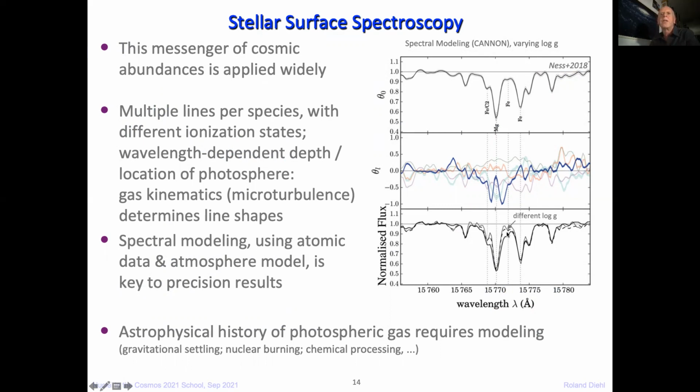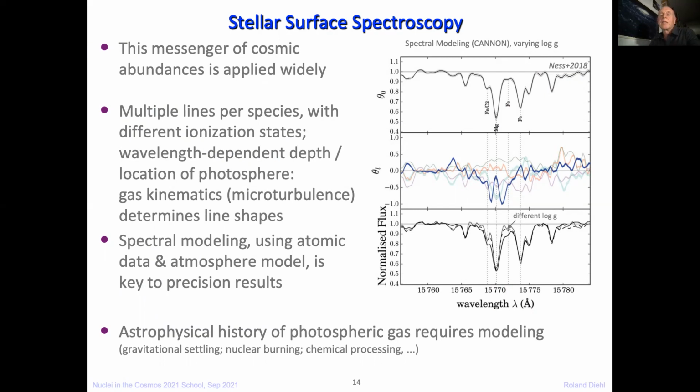And on the lower level plot here, you see how only changes in the surface gravity will affect the line shape that is expected from the different elements like manganese and iron shown here. And you see that there are substantial changes that are in excess of 10% in abundance variations just from this single quantity alone. So even though you have multiple lines per species, you need this detailed spectral modeling and detailed atmospheric details in order to derive results.